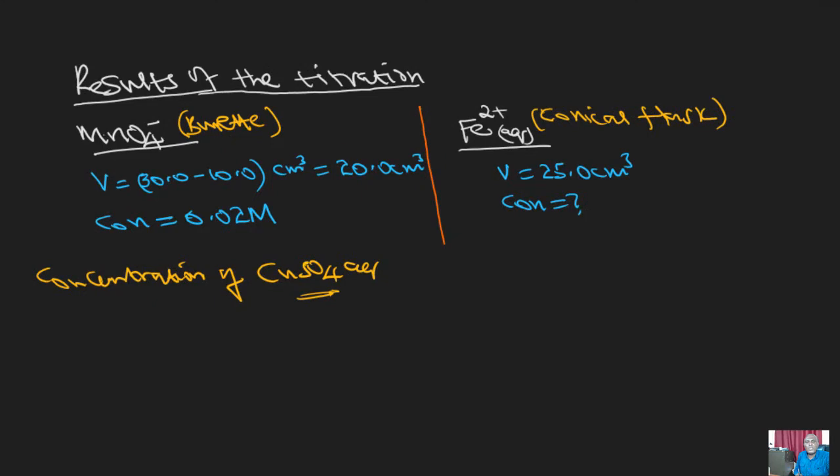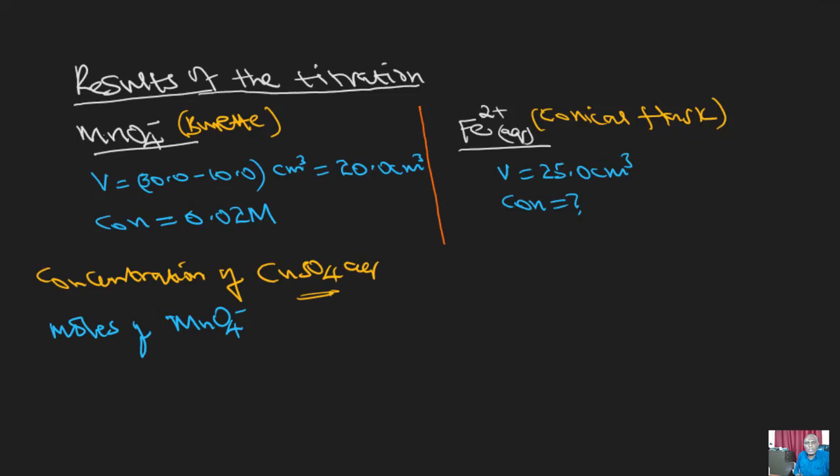To do this, we need to calculate the number of moles of manganate 7. Why do we need it? Because when we have the moles of manganate 7 and a balanced chemical equation between the two, we can get the moles of iron 2 which have been titrated.